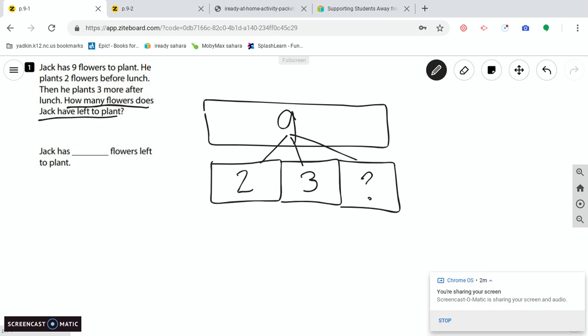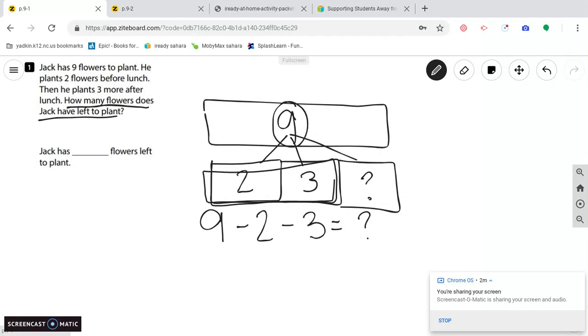So there's a couple of ways you could do this. You could say 9 minus 2 minus 3 would give you this part, or we could put these 2 parts together and say that he has planted 5.